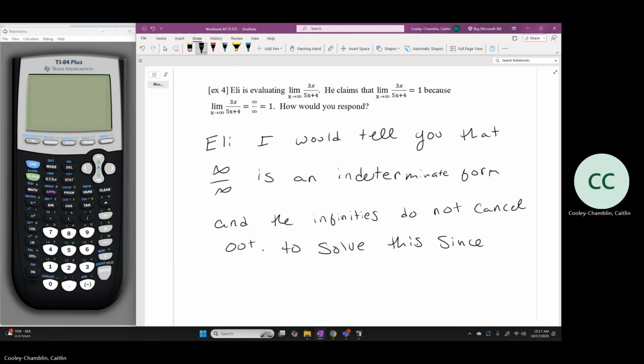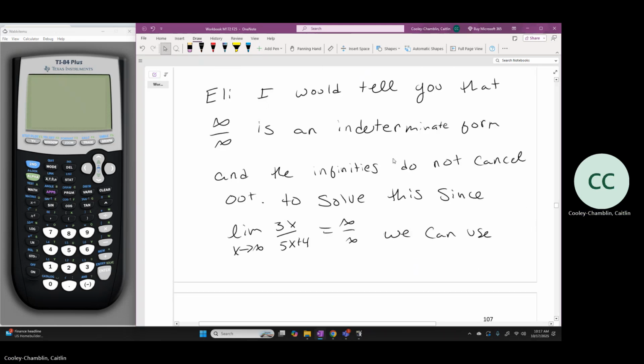So to solve this, since the limit as x goes to infinity of 3x over 5x plus 4 is equal to infinity over infinity, we can use L'Hopital's on this problem.